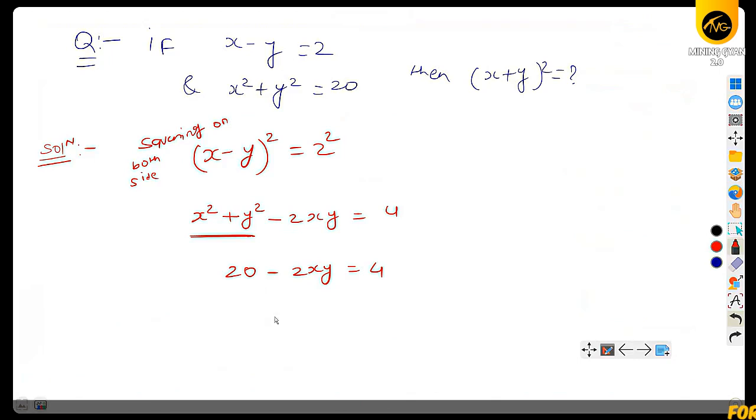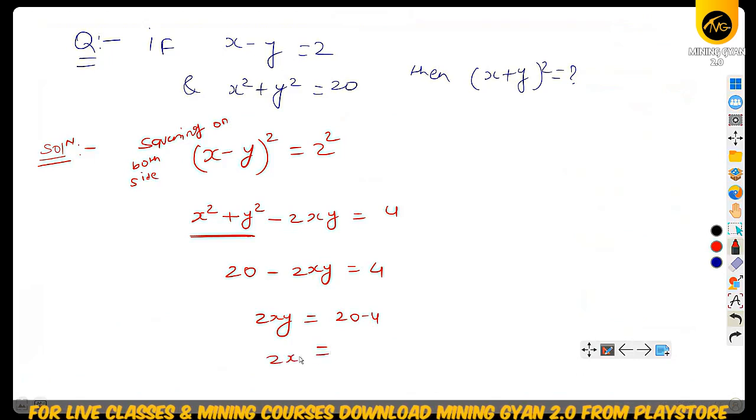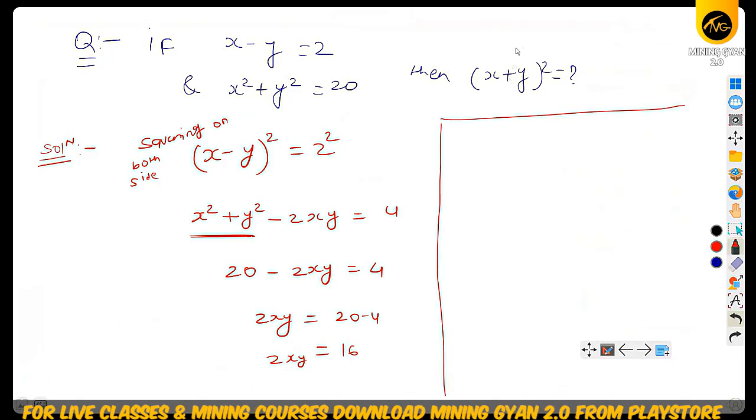Now we can transfer the 20 to the right hand side. That means 2xy is equal to 20 minus 4. It means 2xy is equal to 16. Now we have to find out the value of x plus y whole square.